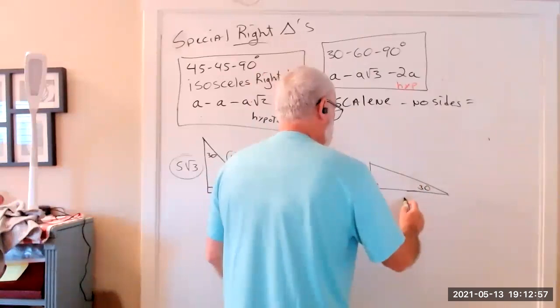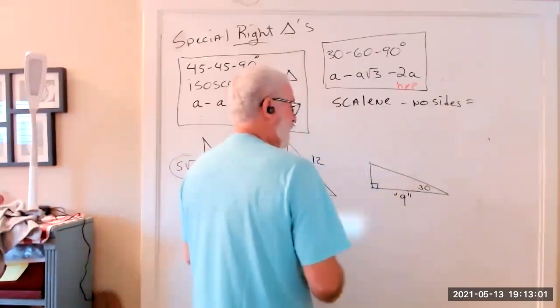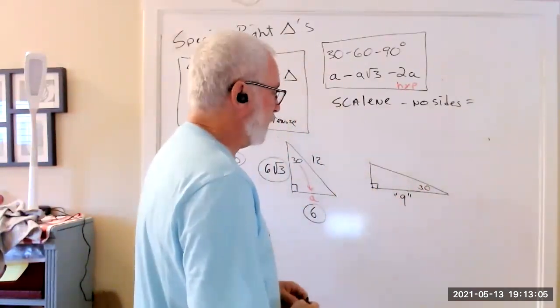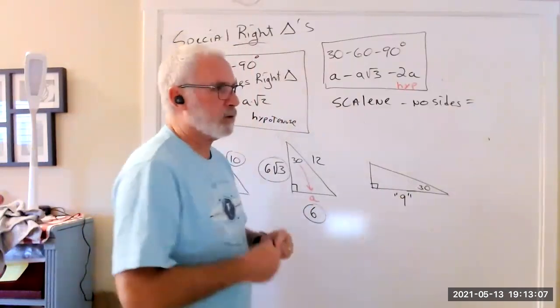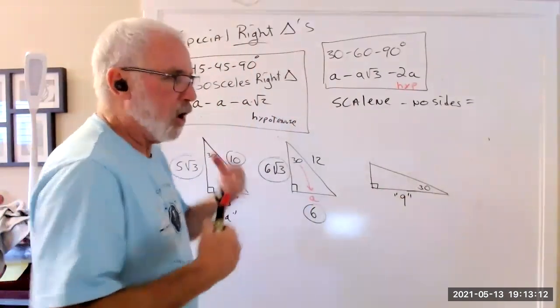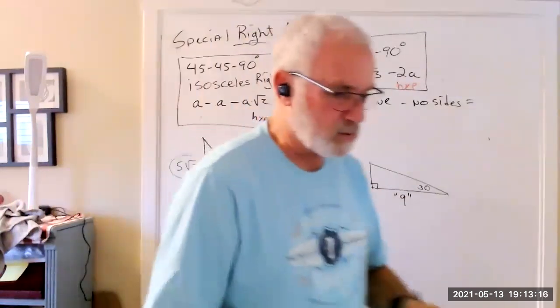I'm gonna call this 9. And I want the other two sides. So I'm going to pause right now and let you think about it. This suddenly went from okay to, yeah, a little bit tricky. So I'll pause while you guys work on that.